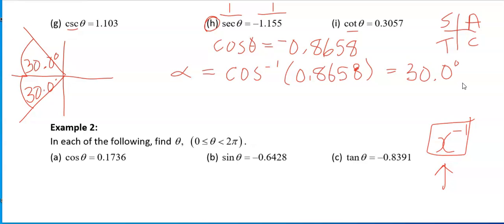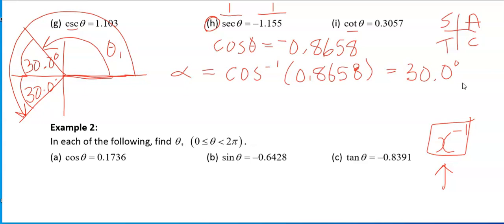So one of my thetas is going to start from the positive x-axis in standard position. It's going to go to there. And you can see what you're going to have to do to calculate that theta. That's your theta 1. That's going to be 180 degrees minus the 30 degrees. And your second possible solution, again, starts from the positive x-axis all the way around to there. So that would be 180 degrees plus 30.